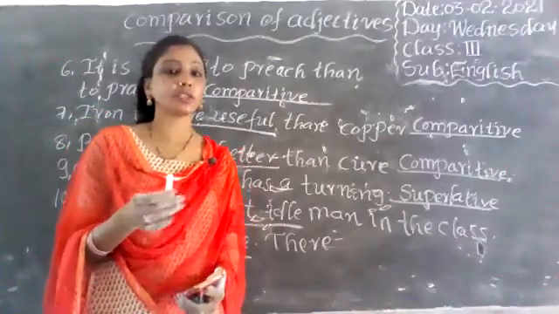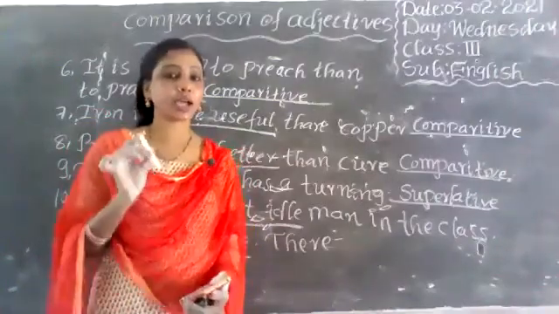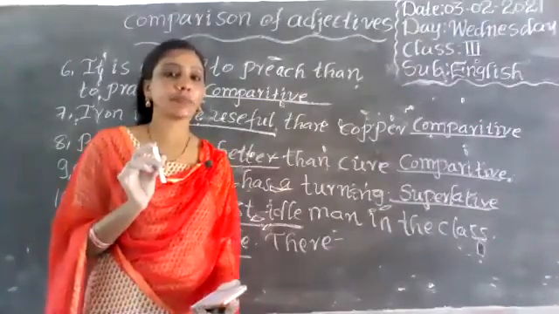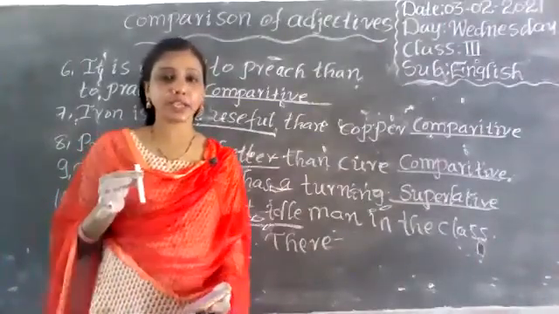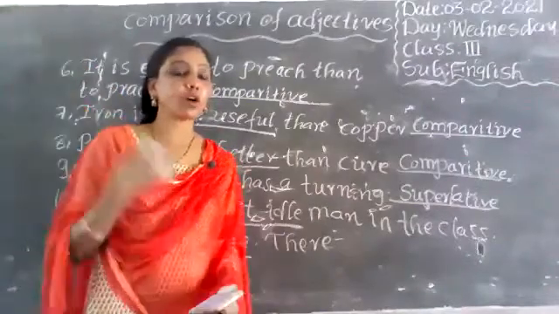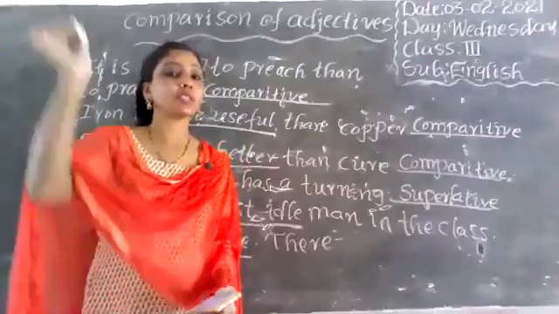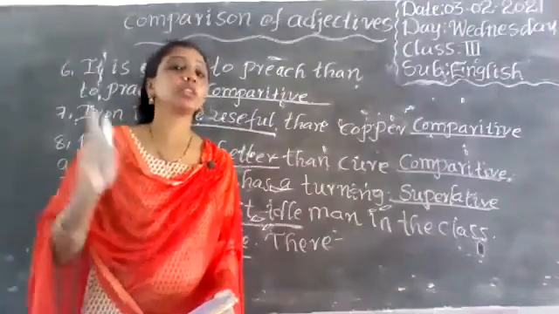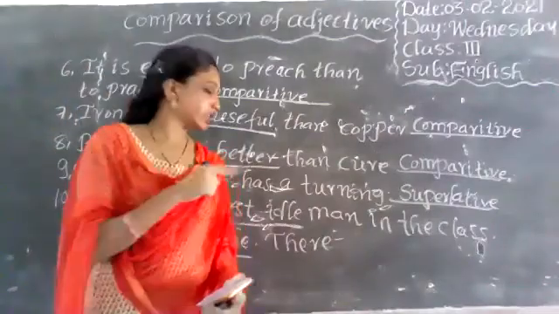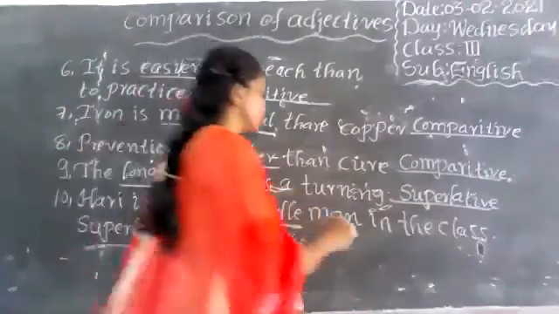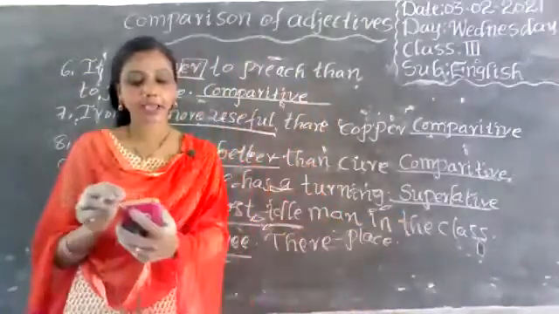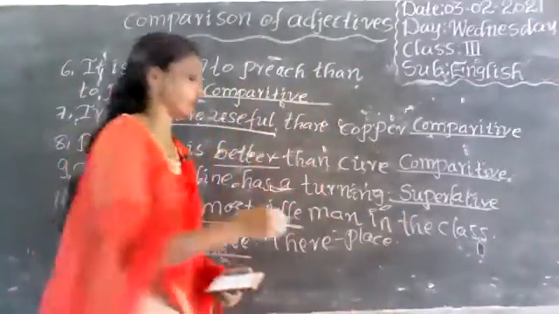It is here only. Here we show the place it belongs to. If the chalk piece is far away from me, then how do I say that? The chalk piece is there. Where is the book? The book is there. Did you understand? First, we can say here, there. That means place. It is showing a far away place.